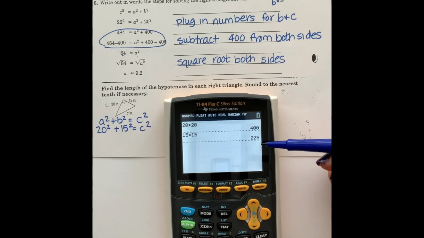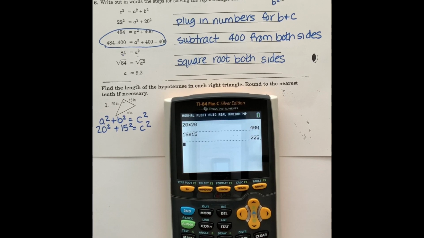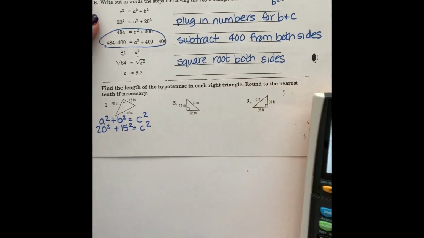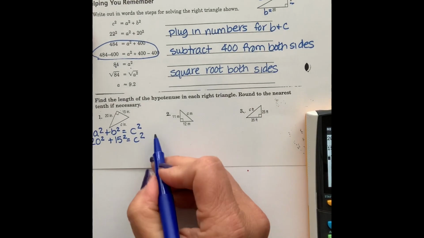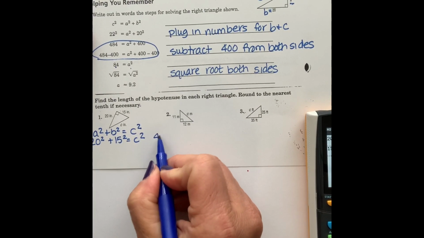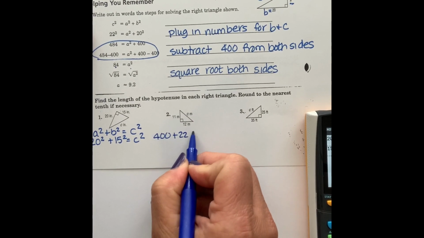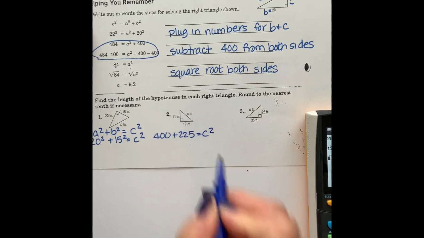So then you'd have 400 and you'd have 225. So you can still do this without a square button. Don't think that you can't. So you would have 400 plus 225 equals C squared, okay?